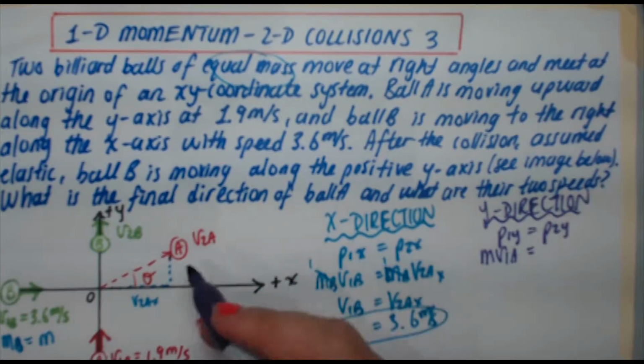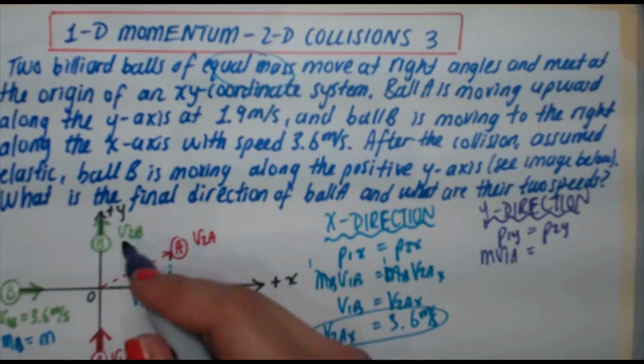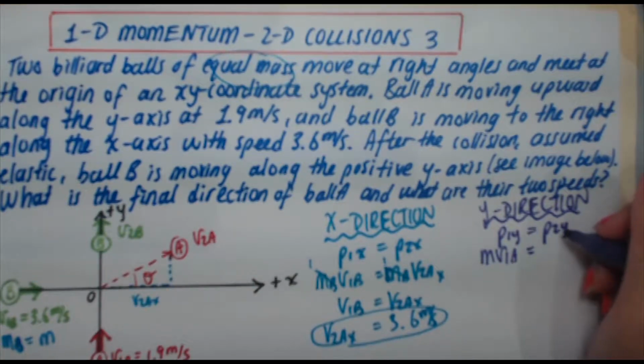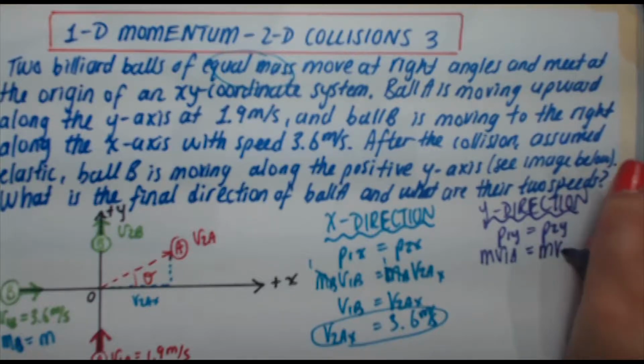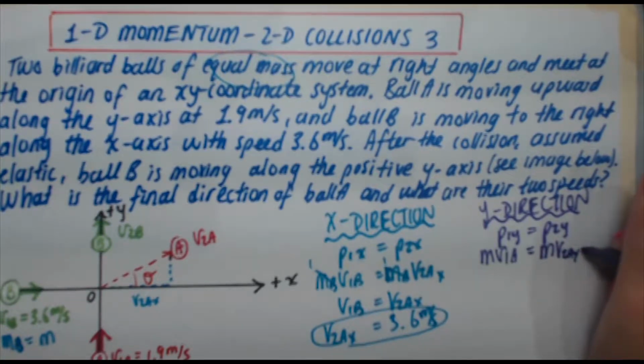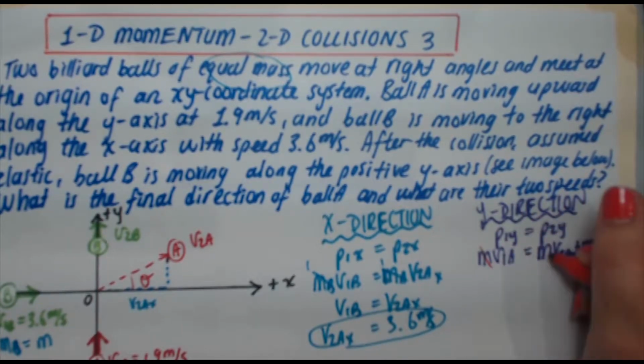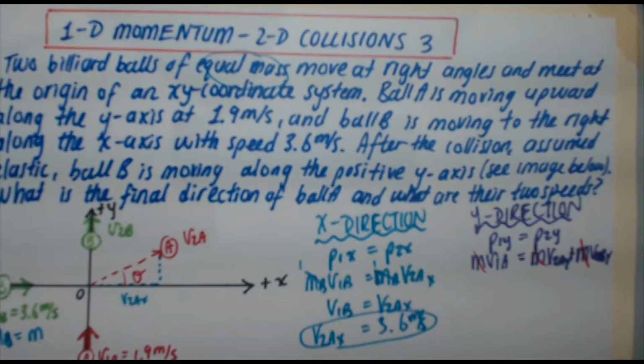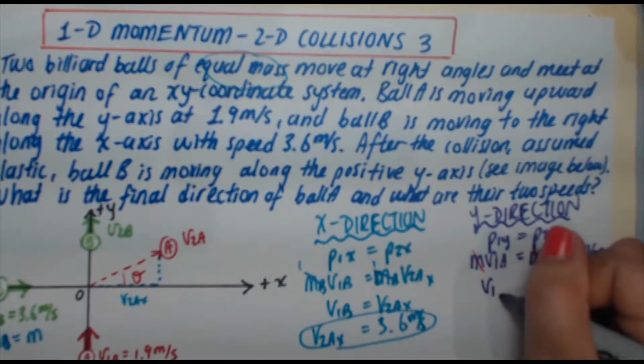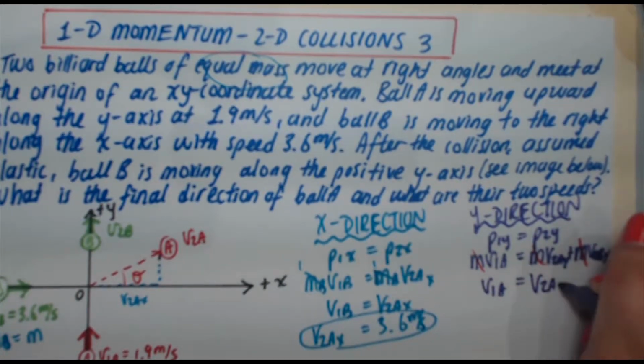Equals, in the y direction, finally, A is going to have a component, and B is going to have a component as well. So it's going to be m v2Ay plus m v2By. Now the nice thing is mass appears in every single term, so you can cancel it out. After canceling it from every term, you're going to be left with v1A equals v2Ay plus v2By.